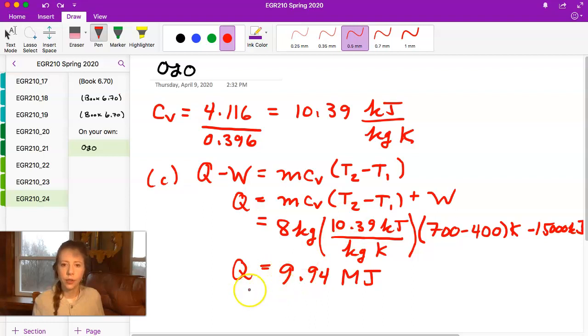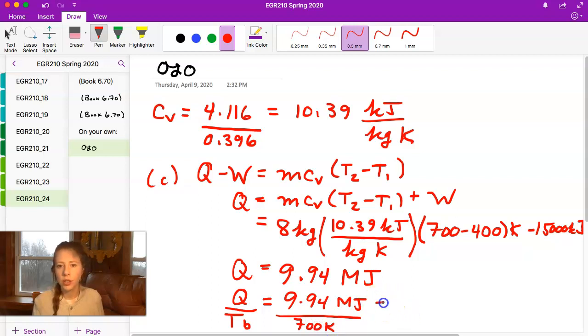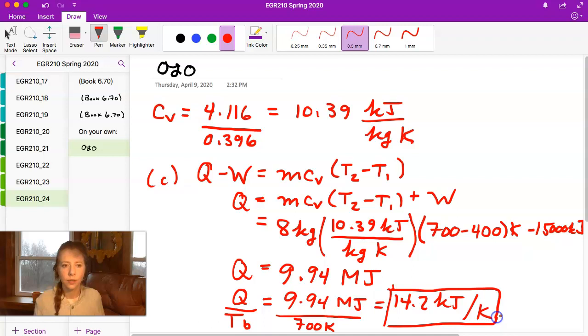So then Q over TB gives us the entropy transferred into the hydrogen, which is going to be 9.94 megajoules over 700 Kelvin, which is going to be 14.2 kilojoules per Kelvin. Okay, so that is it for part C.